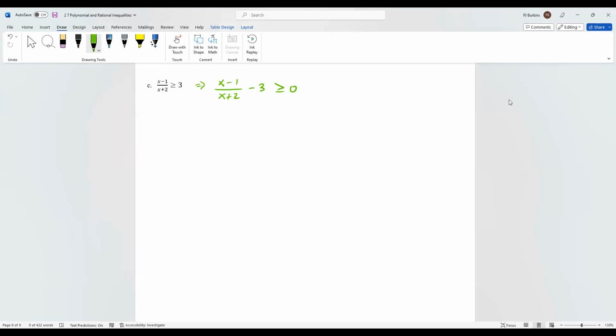Now, we don't like this 3 hanging out here, right? We've got to set the numerator and denominator equal to 0, so we need a common denominator. So we would multiply the 3 by (x plus 2) over (x plus 2). And then because they have the same denominator, we can put them together.